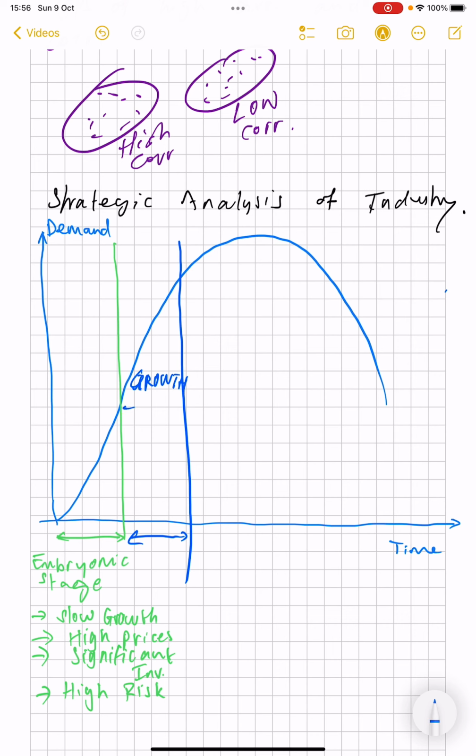So the growth phase will have a high quantity demanded.